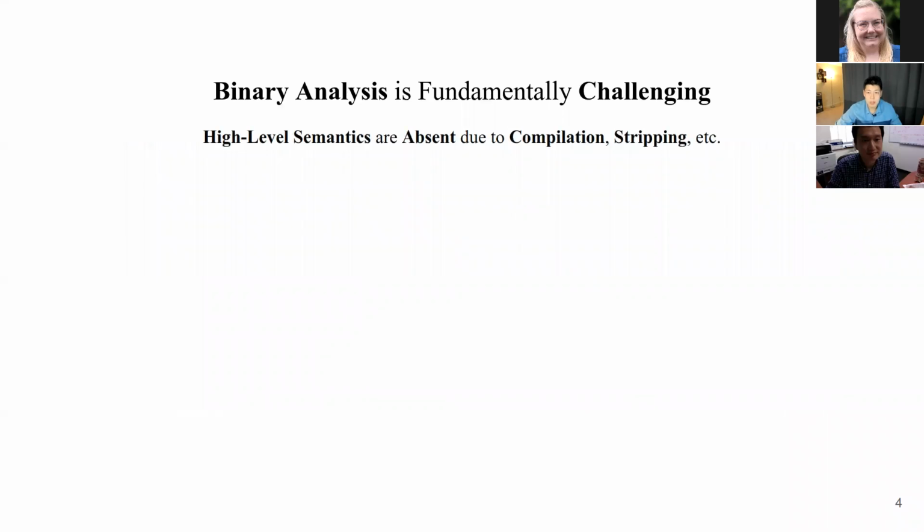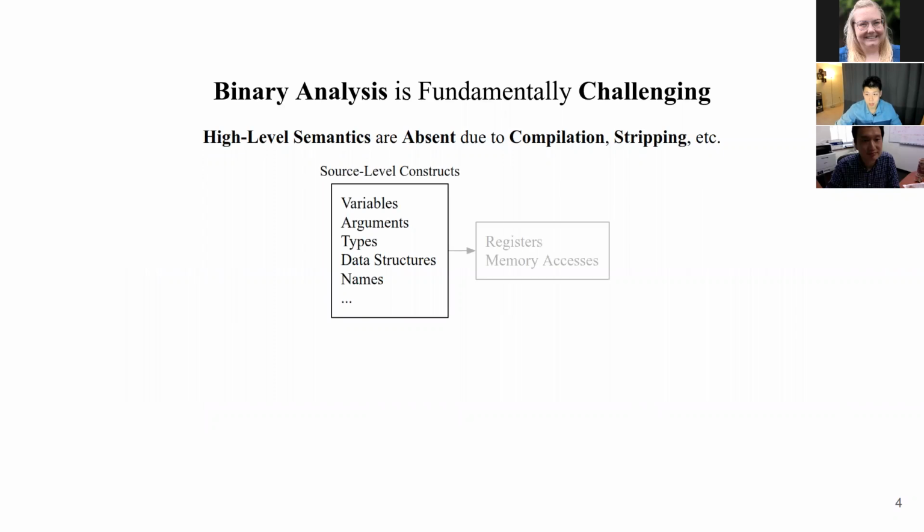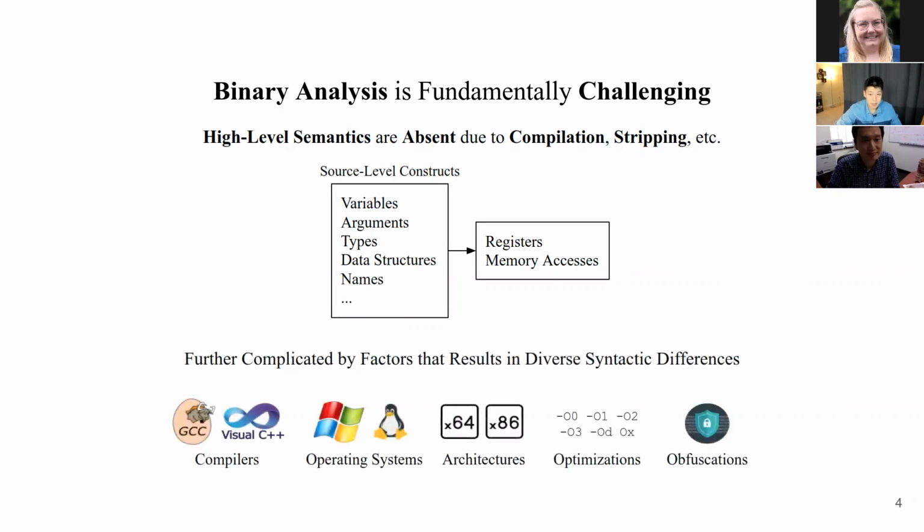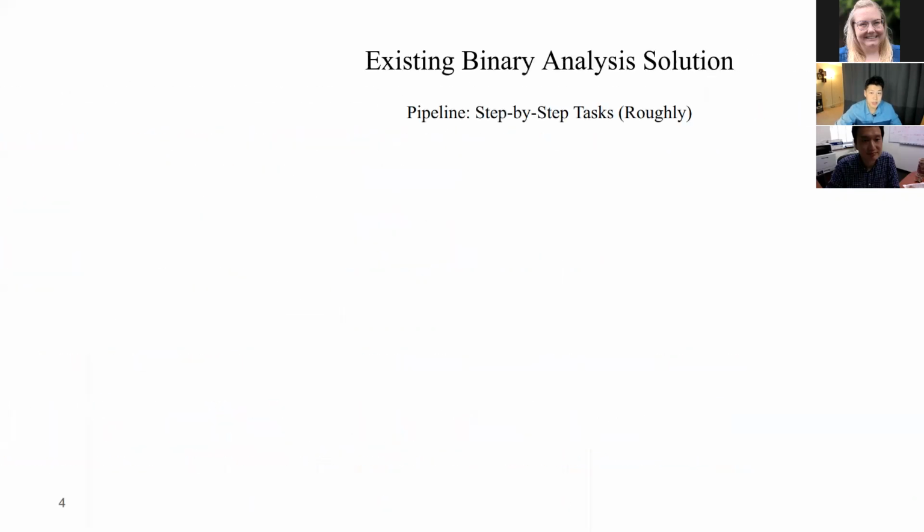This is because symbol information such as types and variables are lost in the compilation and compiled down to untyped registers and memory accesses. The task gets exacerbated as the binary can be compiled by different compilers, optimizations, and obfuscations, and running on different operating systems and architectures.